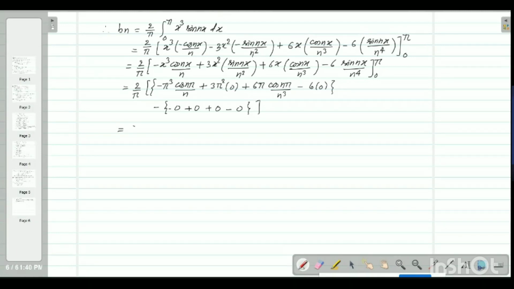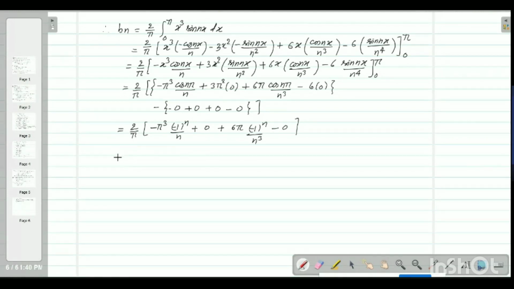So this is equal to 2 by pi, and simplify, this is minus pi cube. Cos n pi is what? Minus 1 raised to n by n. Okay, this will be 0, and plus 6 pi cos n pi, which is minus 1 raised to n, divided by n cube, and this is 0.